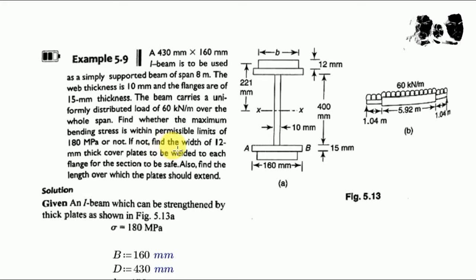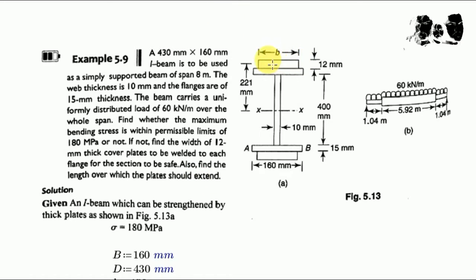If not, find the width of a 12 mm thick cover plate to be welded to each flange for the section to be safe. Also find the length over which the plate should be extended. So what this question is asking is to find the bending stress by excluding the plates.